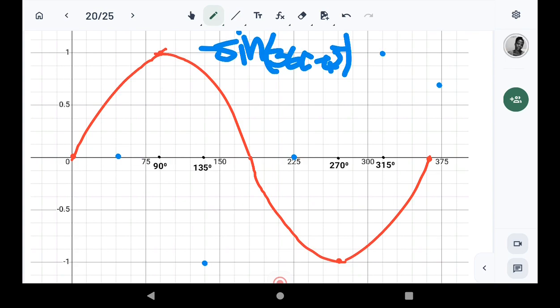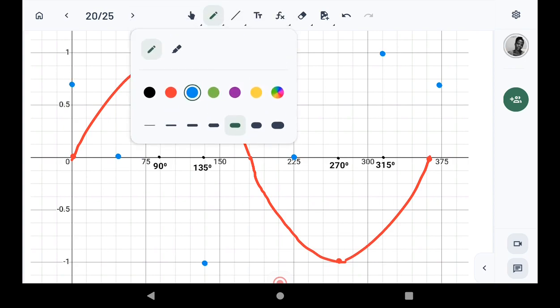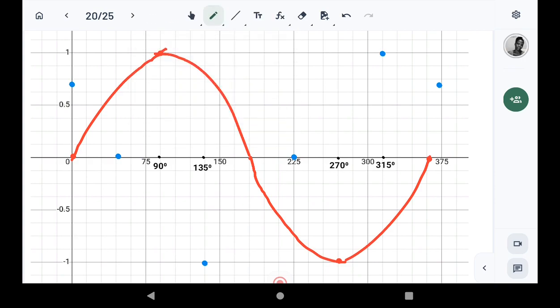And then for the y-intercept, we make theta 0. So that will be minus sine in brackets 0 minus 45. That gives you 0,707, so that is along the same line as this one. We get it to the other side and that's where we put it. Now we join the points. Let's start with the ones.